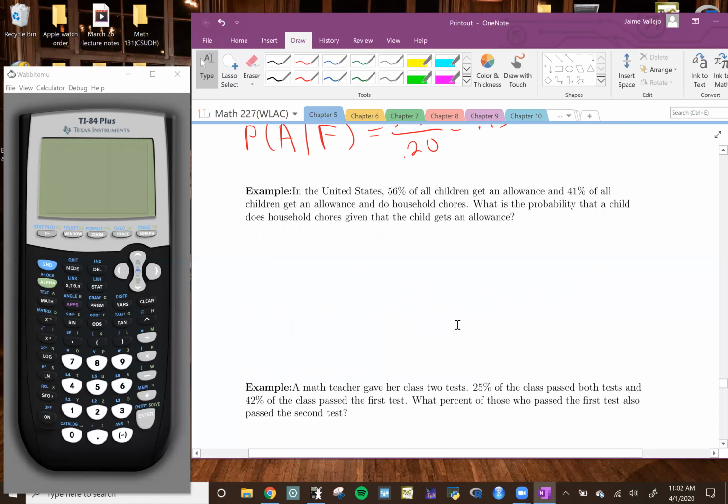So what is the probability that a child does household chores given that the child gets an allowance? For this one, the two events are that they get an allowance and that they do chores. So we're going to say this is A, this is C.